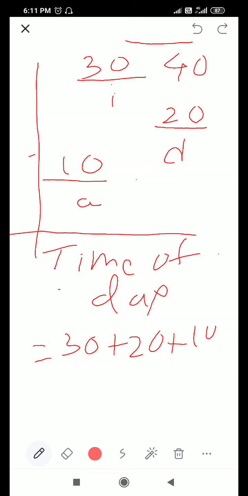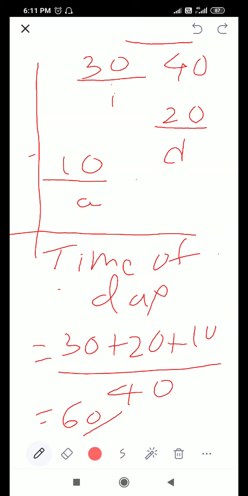Okay, so the actual peak demand, or actual connected peak, would be 40. Okay, so the diversity factor comes out to be 60 upon 40. Okay, how much is that? It is 1.5.